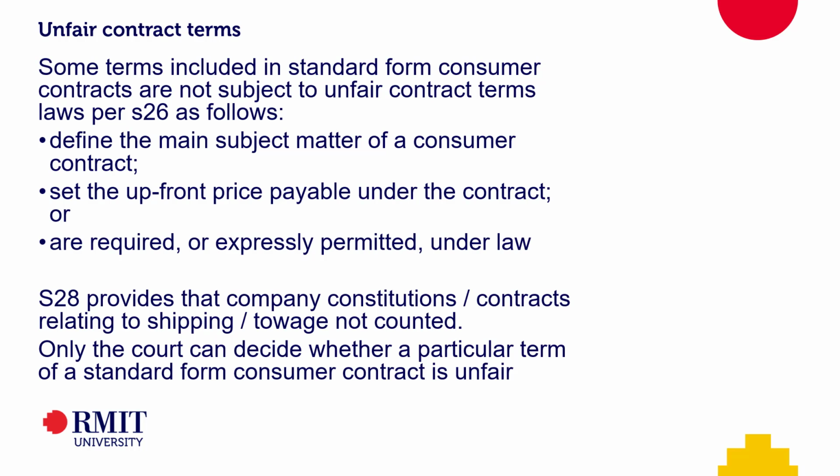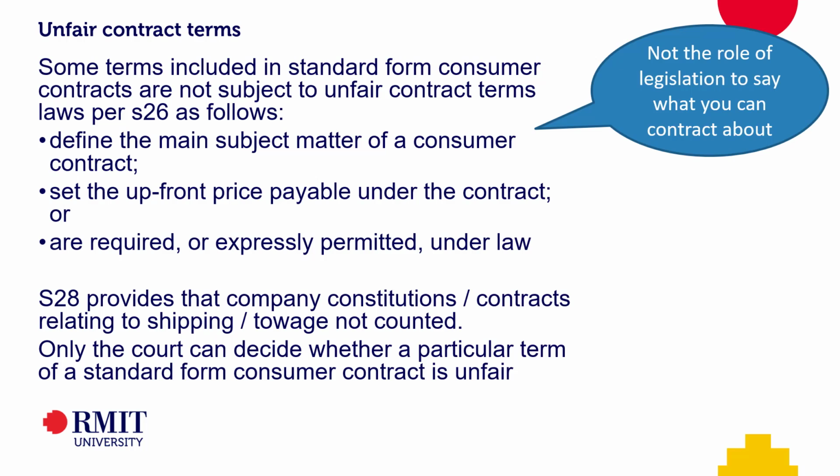Certain types of provisions will never be caught by the unfair contract terms, even if they are in fact unfair. The reasons for this are a little varied. Firstly, a term that defines the subject matter of a consumer contract can never be unfair, because it's not the role of the legislation to say what you can and can't contract about.